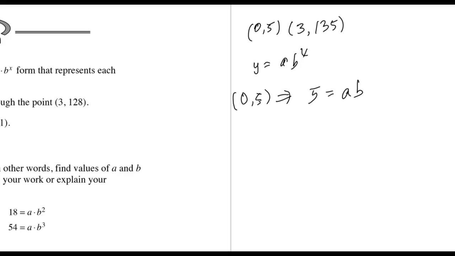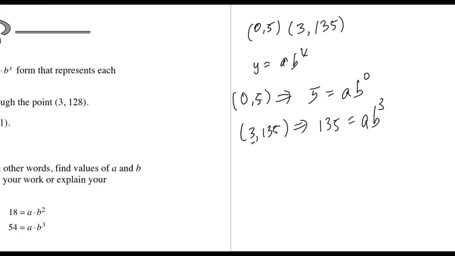And what is my x value? It's 0 in this case. Okay, my second point is 3, 135. My y value is 135, and that equals a times b to the 3.